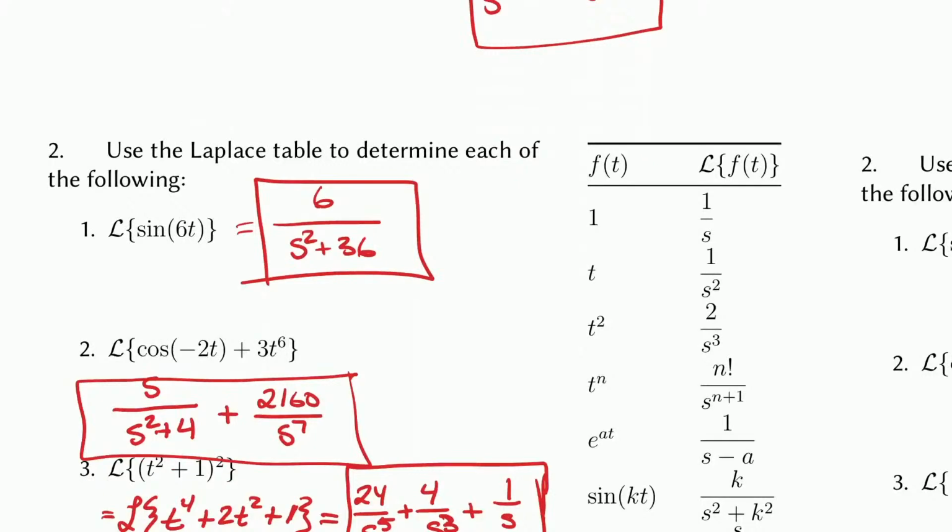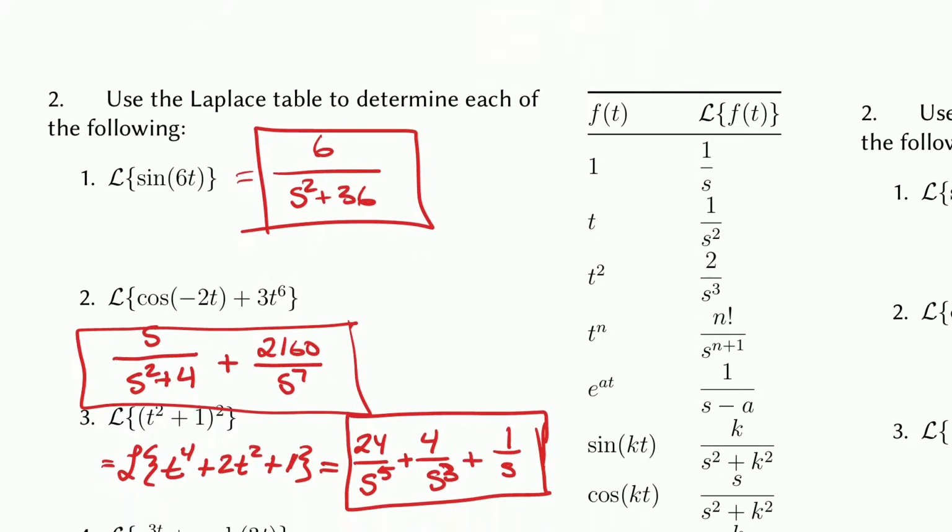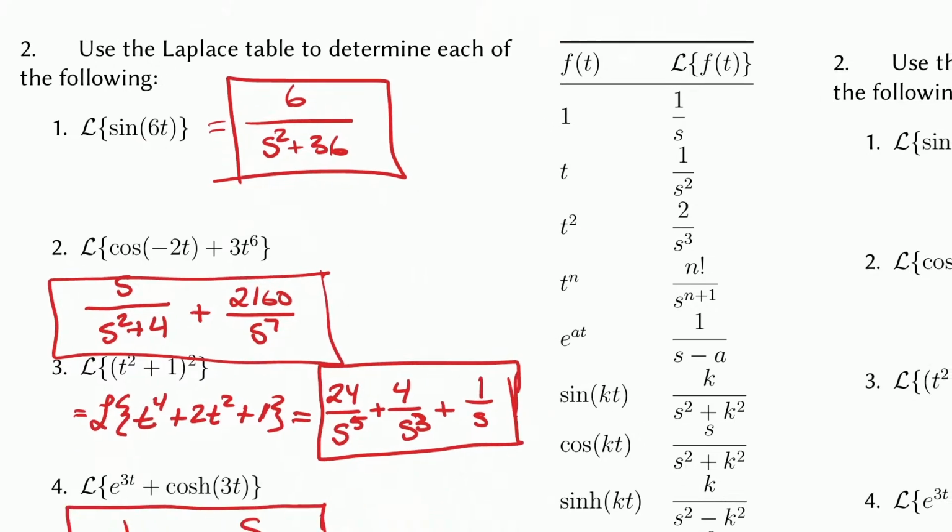And then the rest of these, it's mainly just copying down what's over here. So the Laplace transform of sine of 6t is this. And then the next one, you're using the cosine, and you're using the t to the 6th, which is right here. Here's the cosine. That was a little annoying, the 2160, it's 3 times 720, 3 times 6 factorial.